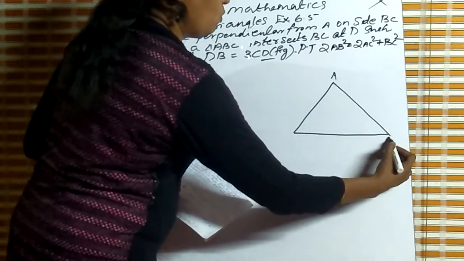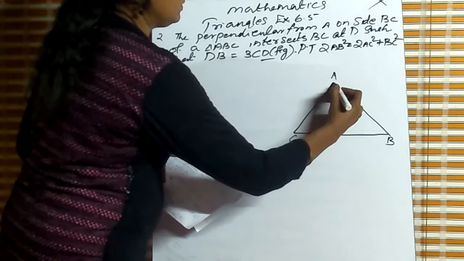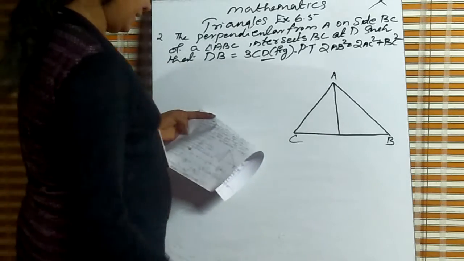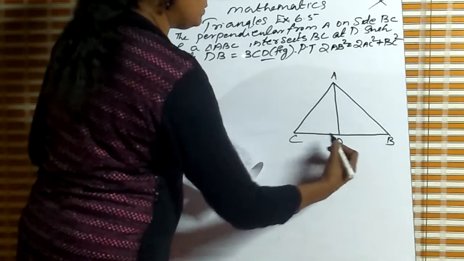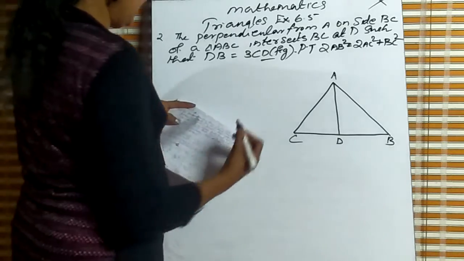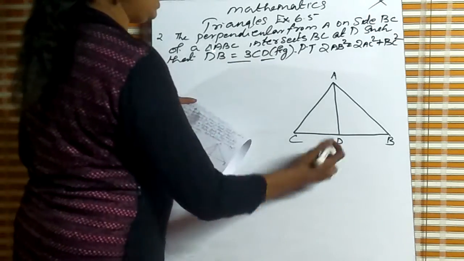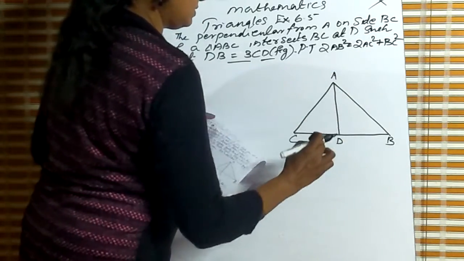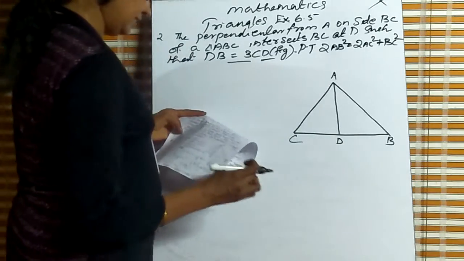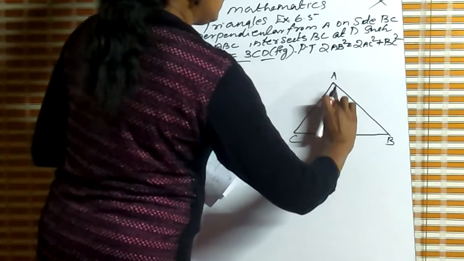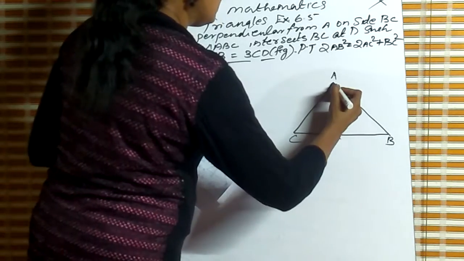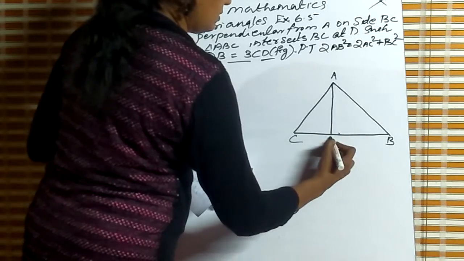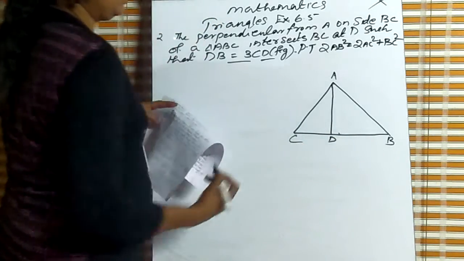This is the perpendicular from A on side BC of a triangle ABC, which intersects BC at D. Prove that, and also given one condition, DB is equal to 3CD.